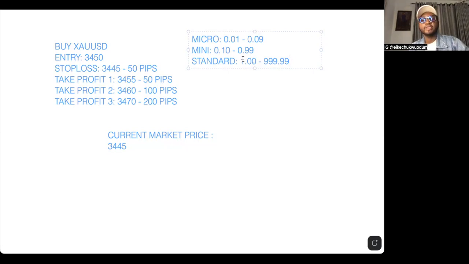Anything above 1.00 is a standard lot. As far as your broker allows you, your standard lot can go really, really far. Anything above 1.00 is a standard lot size. Okay? Now, I just want you to keep that in mind.